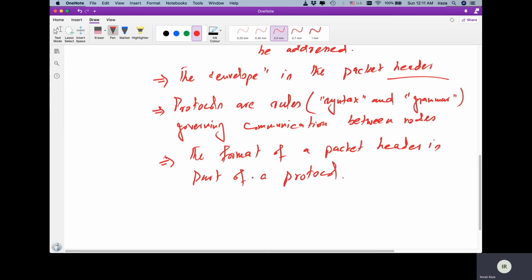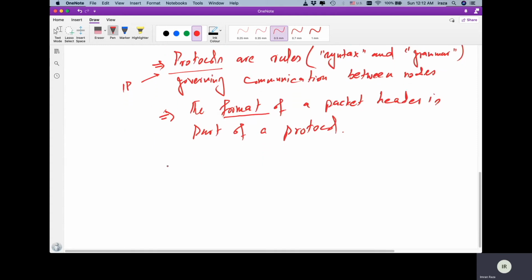Right. So for packet forwarding on the internet, the protocol is known as Internet Protocol. So the protocol that I'm referring to is, in fact, Internet Protocol or IP, and we are interested in looking at the format of the packet header of the protocol, meaning the format of the IP packet header.